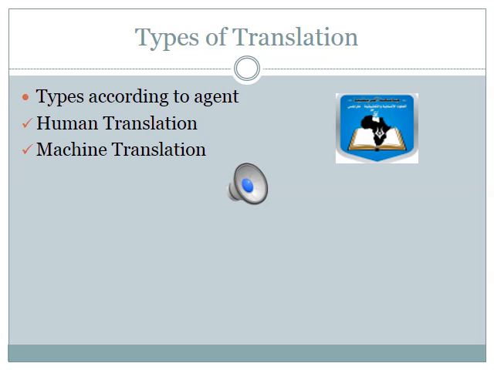Typologies of translation have been suggested by different writers at different times and according to different theoretical and methodological criteria. In our lesson today, types of translation are classified into four main kinds or ways.